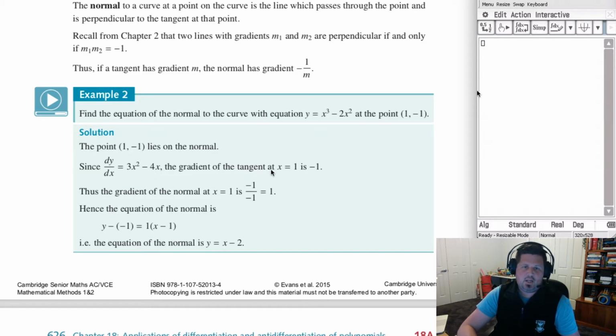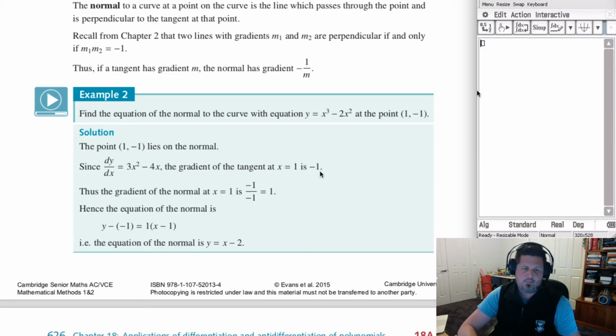For the gradient of the tangent at x equals 1, we just plug x equals 1 into the derivative. 3 multiplied by 1 squared, take away 4 times 1, is -1. So we've got the gradient at that particular point.